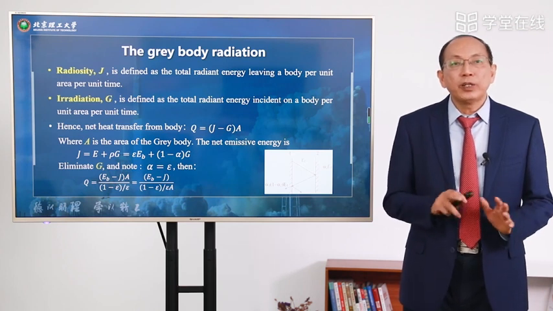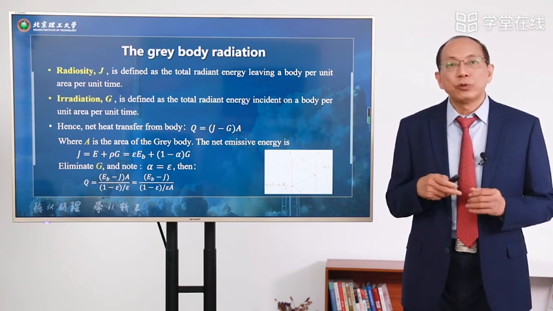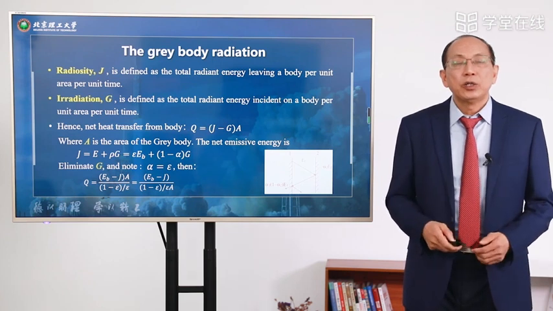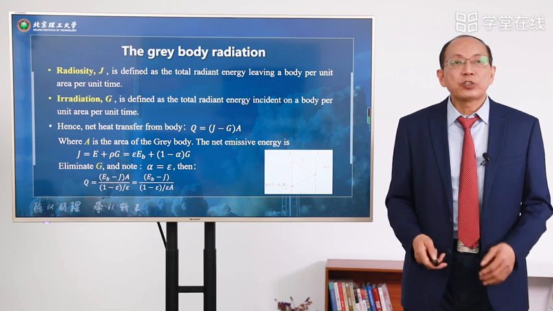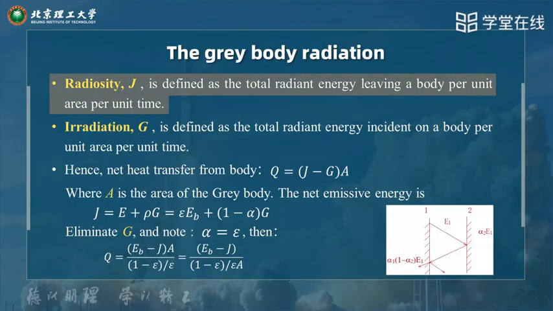For convenience in discussing the radiation exchange, we give two new definitions. One is radiosity, capital J, defined as the total radiant energy leaving a body per unit time per unit area.